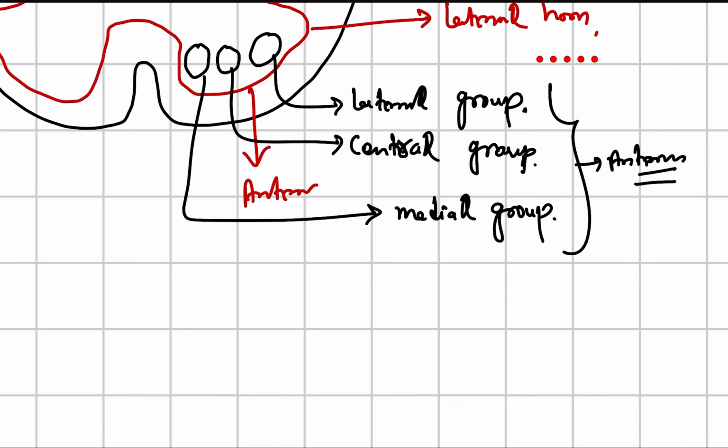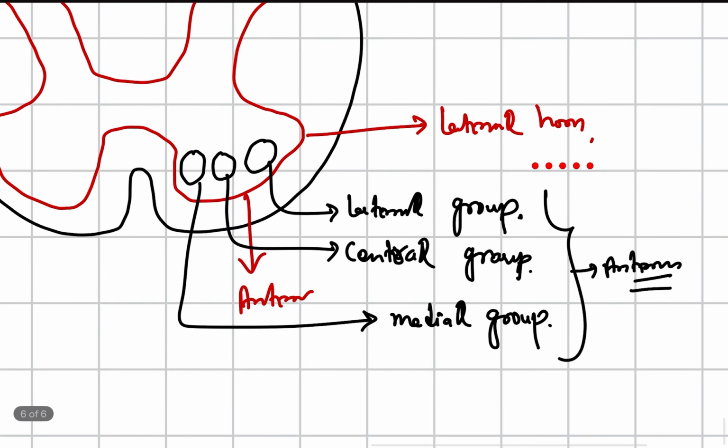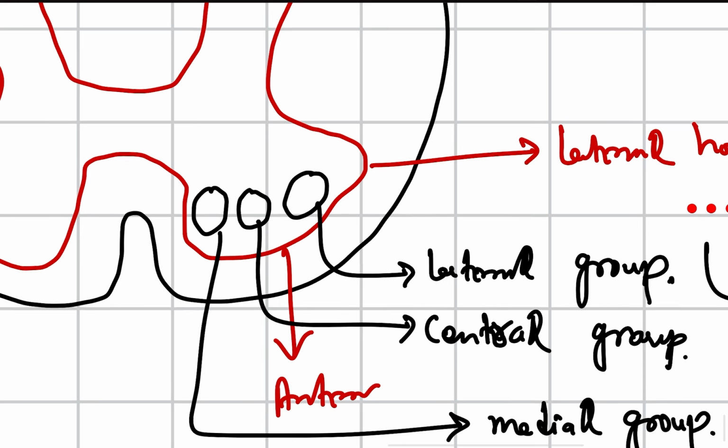Then there is an intermediate group in the lateral arm. There is an intermediate nucleus.